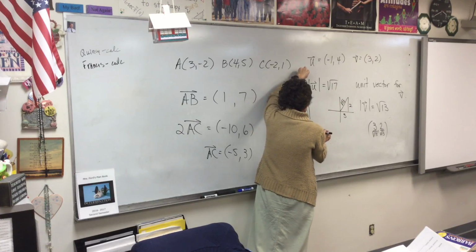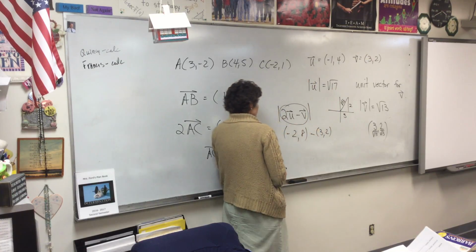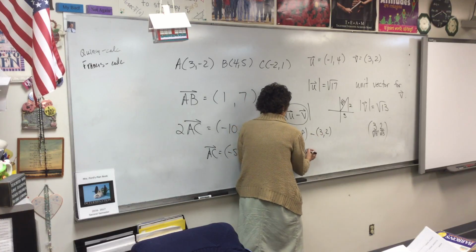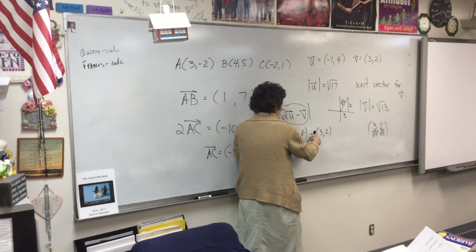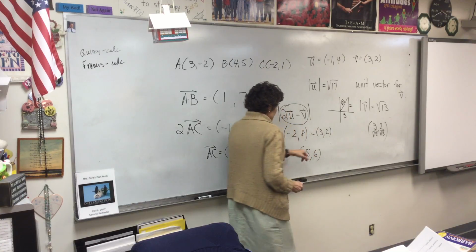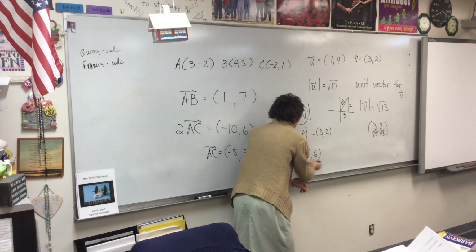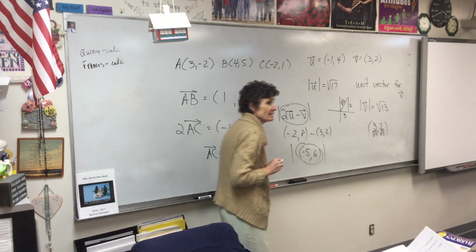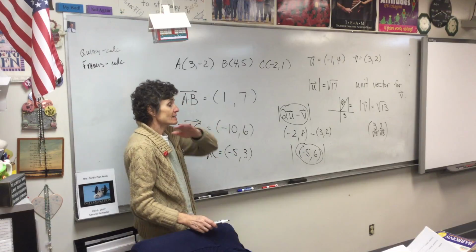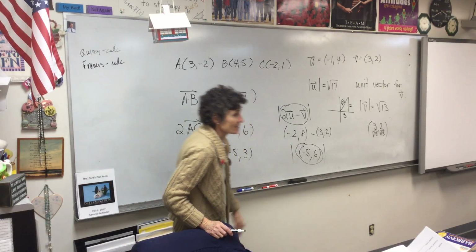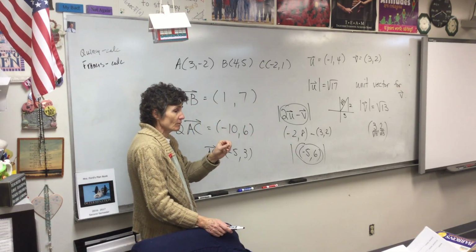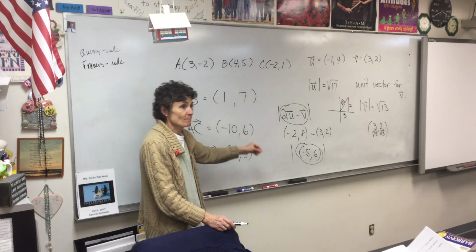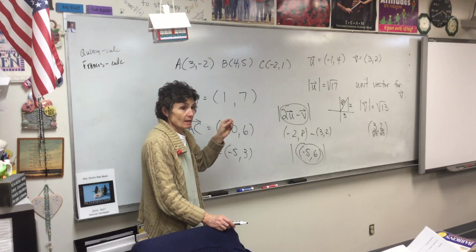Minus v. All right, so let's subtract. Negative 2 minus 3. Negative 8 minus 2. Now that is this. Would you agree with that? Now I need to find its magnitude. Has nothing to do with negative and positive. It's the Pythagorean theorem. So if I go over 5 and up 6, how long am I?